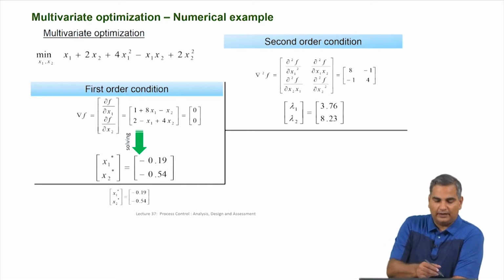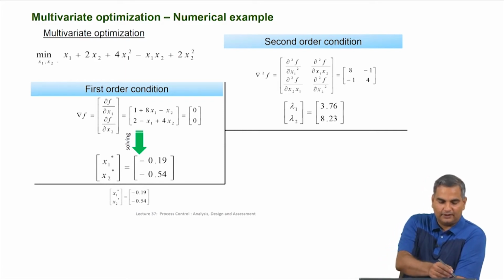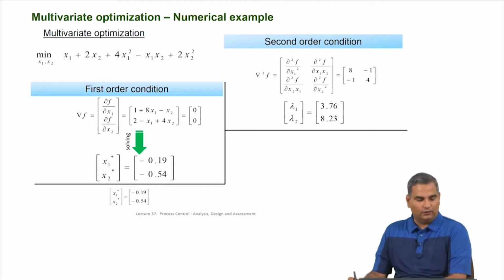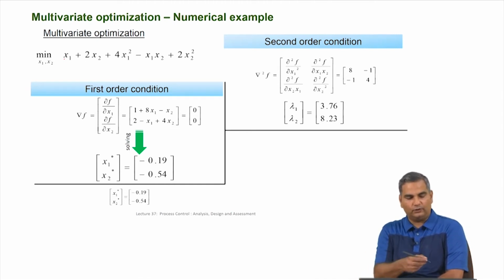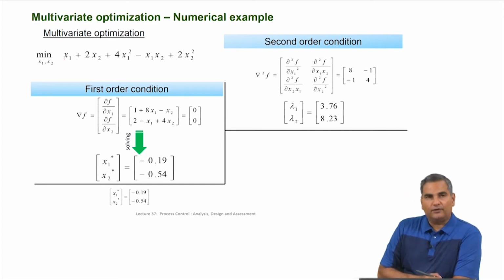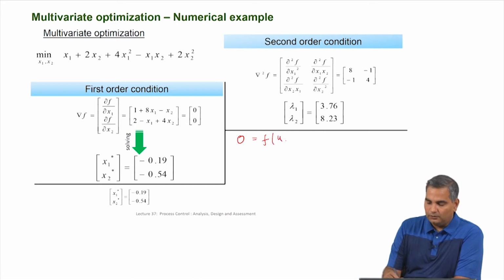Remember, I showed you that if you had a multiple variable optimization, there is this objective function, there are two decision variables. You can write dou f dou x1 equal to 0, dou f dou x2 equal to 0, and get two equations to solve for this. Similarly, in the model predictive control formulation, based on what we saw in the last slide, the objective function can be written as some function of uk, uk plus 1 all the way up to uk plus m minus 1.